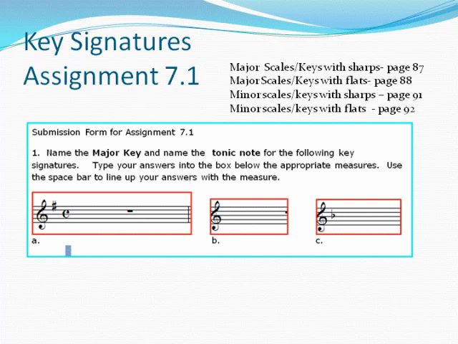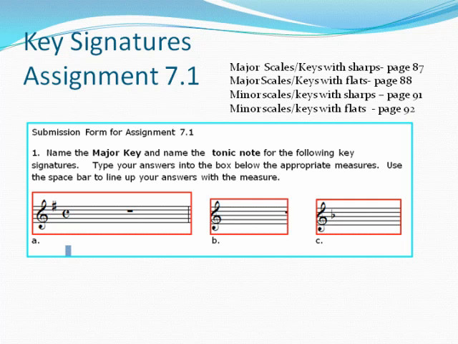Assignment 7.1 is kind of long, but it's actually very simple because you can use the book to figure out all of this. And I've got it listed on this slide. The major scales, keys of sharps, page 87, page 88, page 91, and page 92. So you don't have to have all of this knowledge in your head.